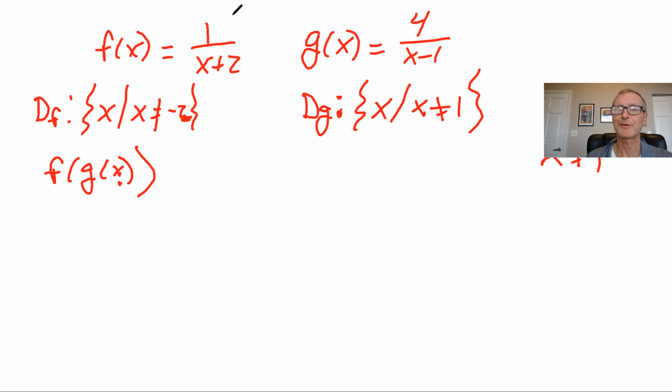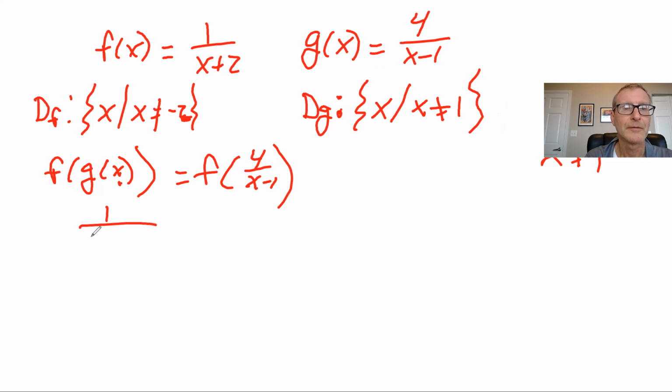So now we have this crazy fraction thing. So we're going to plug 4 over x minus 1 in for f of x. So that would be 1 over 4 over x minus 1 plus 2.